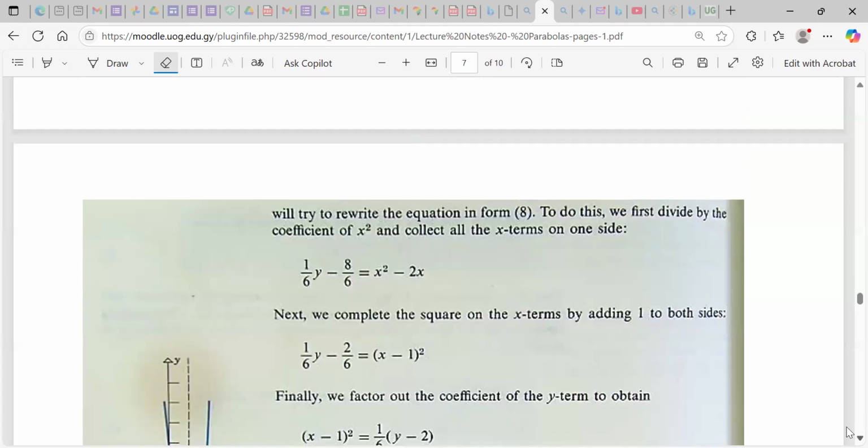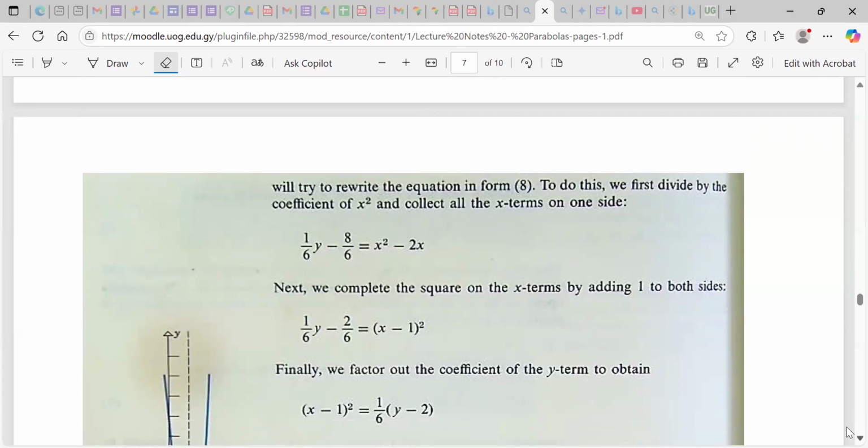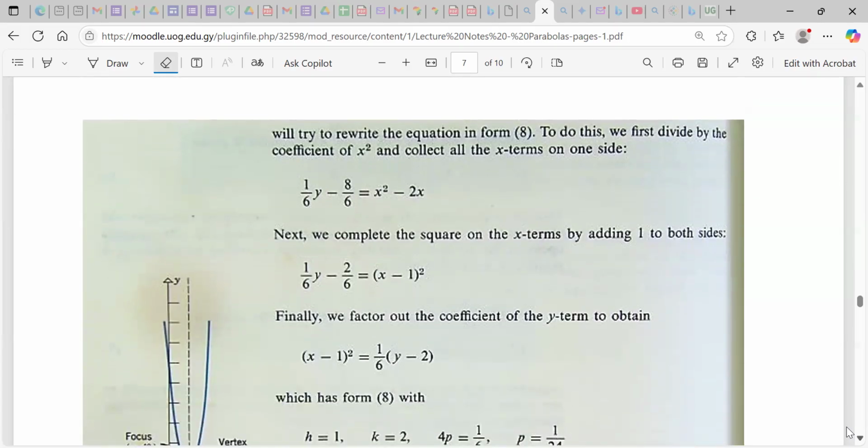Yes, basically something to that effect. And you're able to write it as (x minus 1) squared equals 1/6 (y minus 2). And now that resembles a parabola that we're familiar with, right?